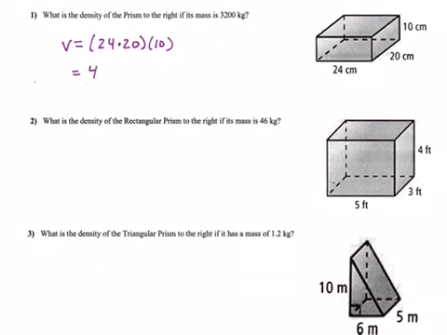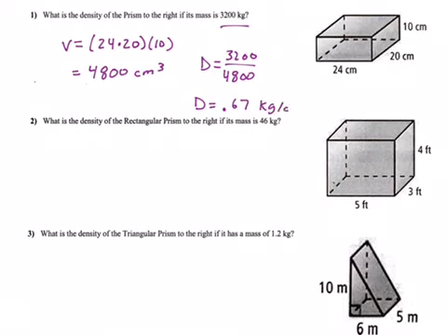I get the volume to be 4,800 centimeters cubed. Then keep in mind that density is mass, so we have 3,200 over volume, 4,800. And we should get that the density in this case is roughly 0.67 kilograms per centimeter cubed.